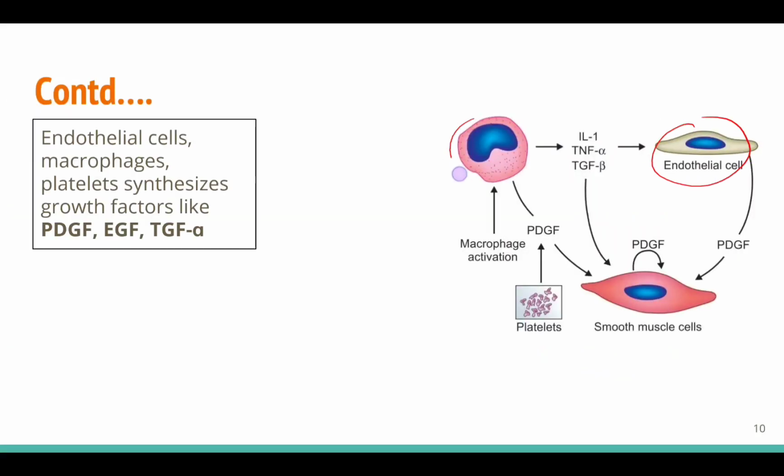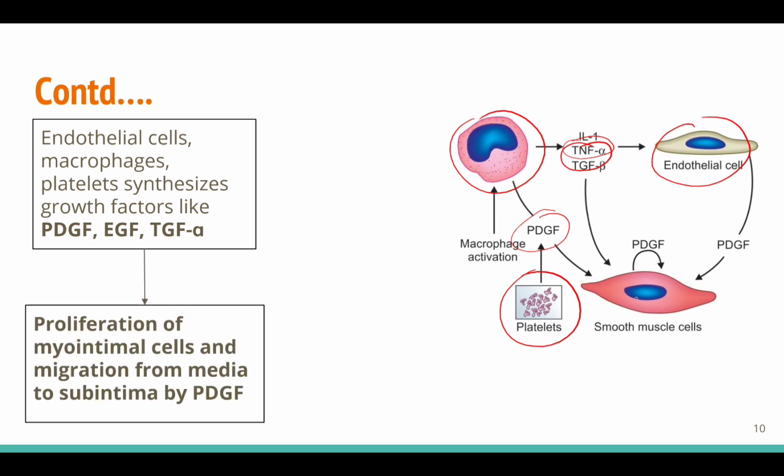Endothelial cells, activated macrophages and platelets, all these cells can release platelet-derived growth factors, epidermal growth factors, and transforming growth factor alpha. These cause proliferation of myointimal or smooth muscle cells, and also migration of these cells from the medial layer to the subintimal layer.